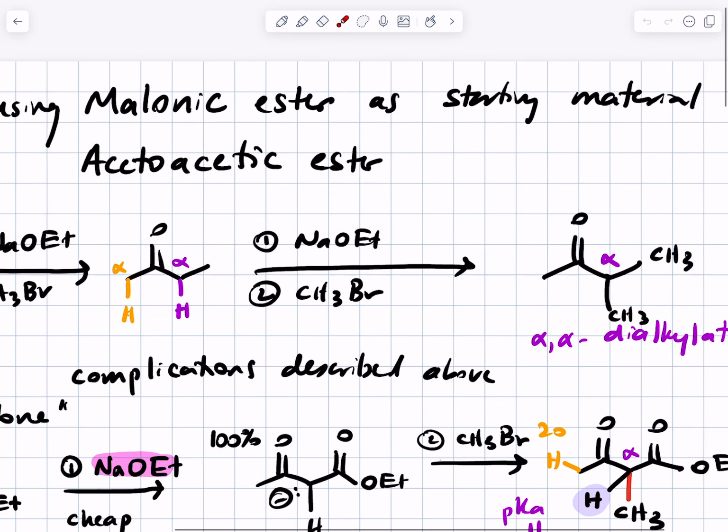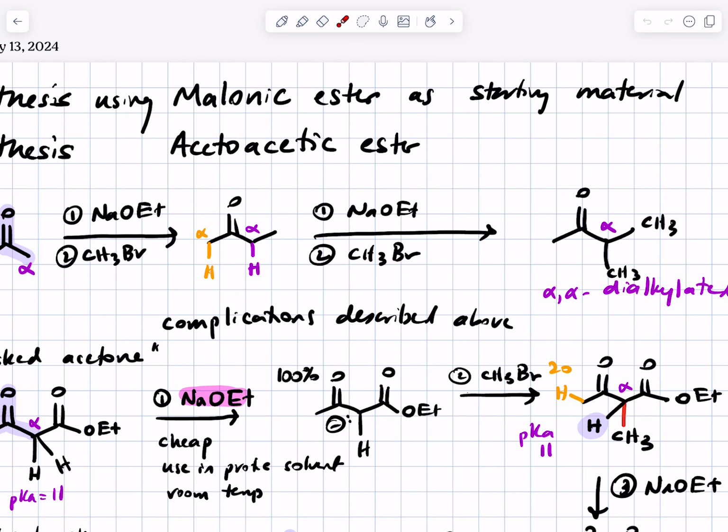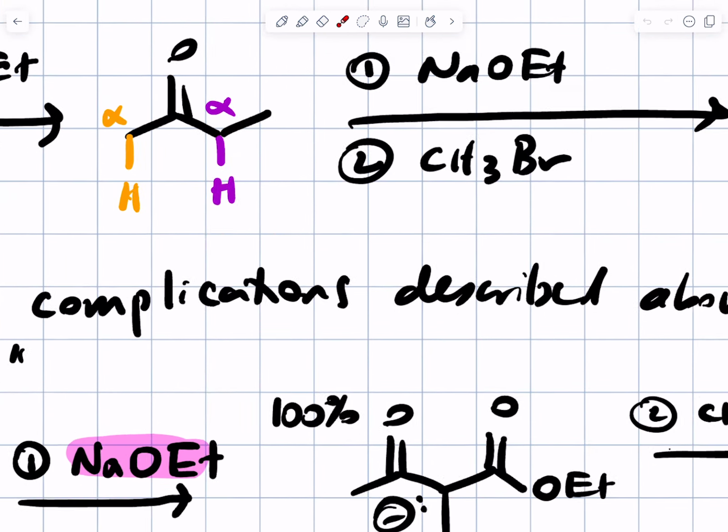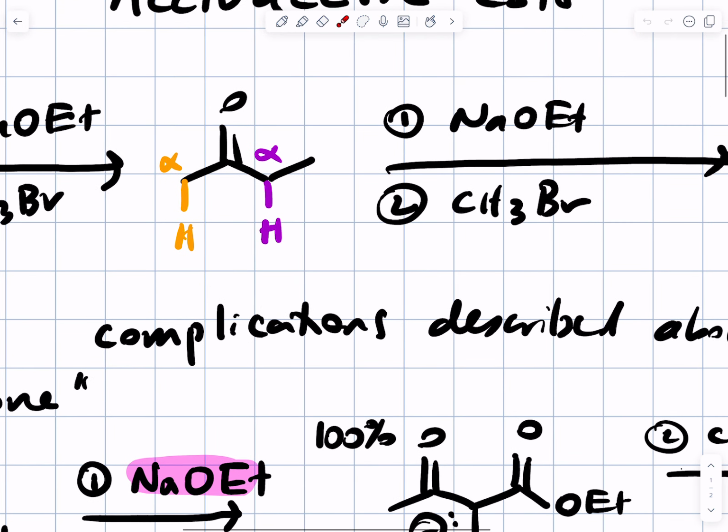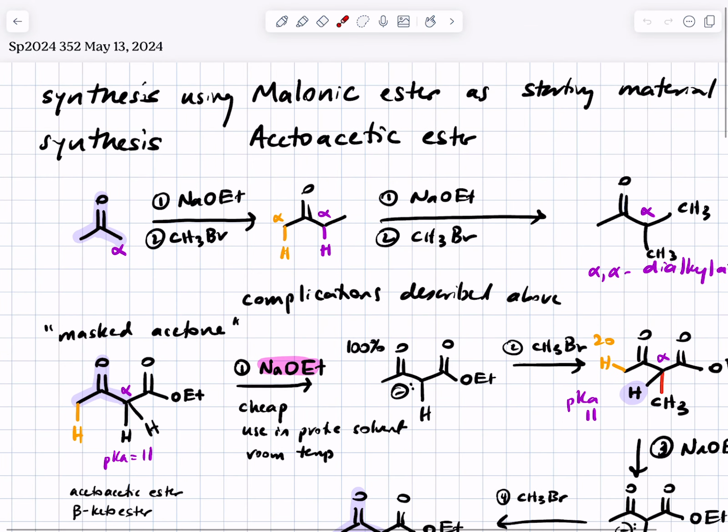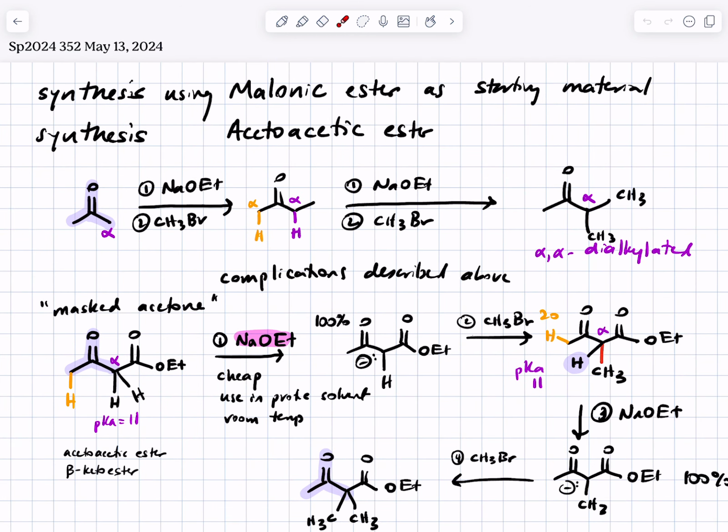And again, that presupposes that you're pretending that the competing SN2 reaction is not an issue. It also presupposes that there's a huge amount of regioselectivity whereby you're able to alkylate only the purple alpha carbon, and not the orange one. Now, we're going to pretend that that works, but as a matter of practicality, sometimes it doesn't.